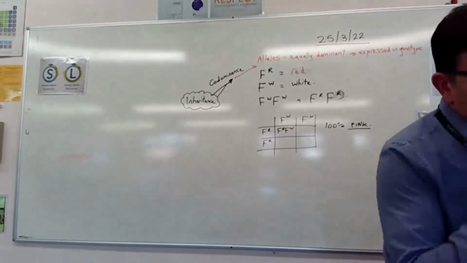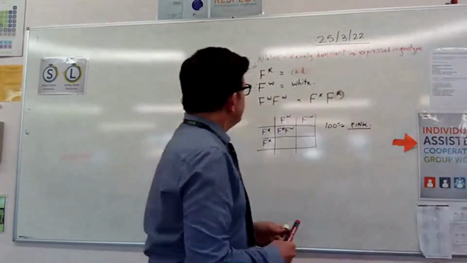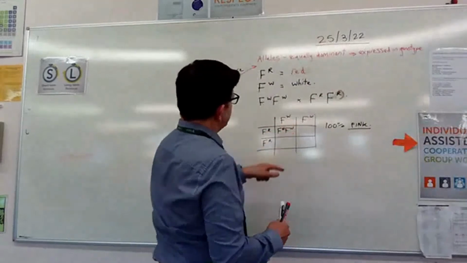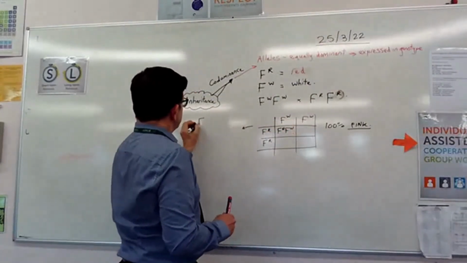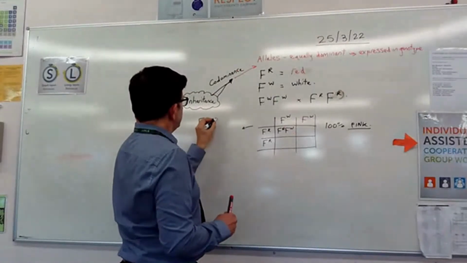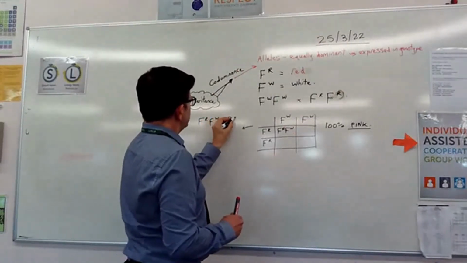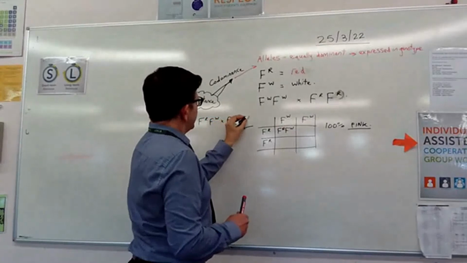Now, usually you then would cross these with each other. So I'd like you now to do the following cross of FRFW with FRFW, please, and work it out again.